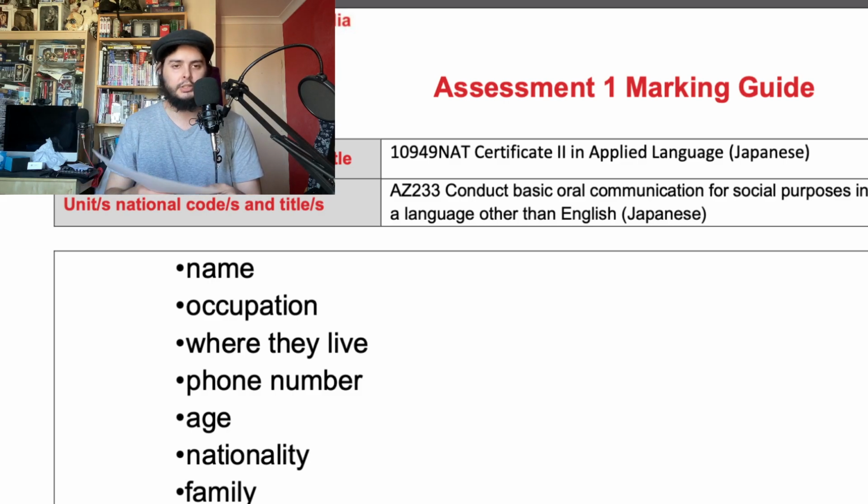You know, nice, short, simple. My occupation, I am unemployed. They do have their own word for that. But I am actually also a student. So my occupation would be student, which I believe is gakusei in Japanese. So I would probably say watashi wa gakusei, like I am a student.